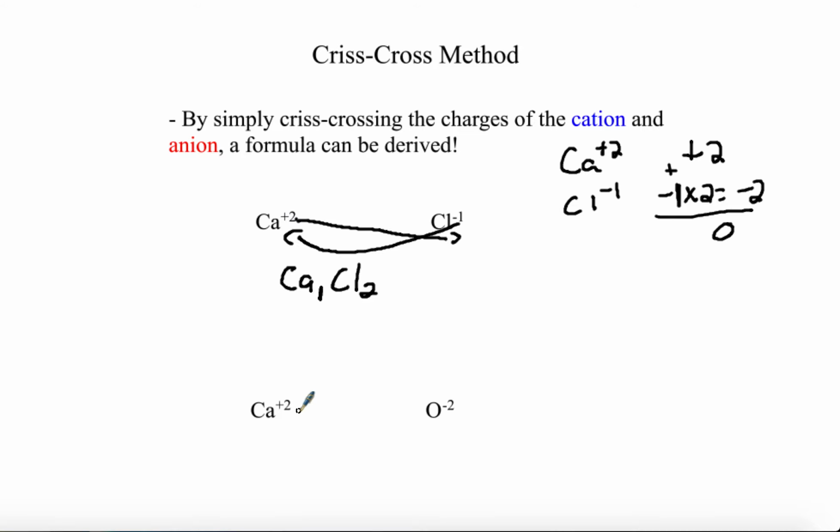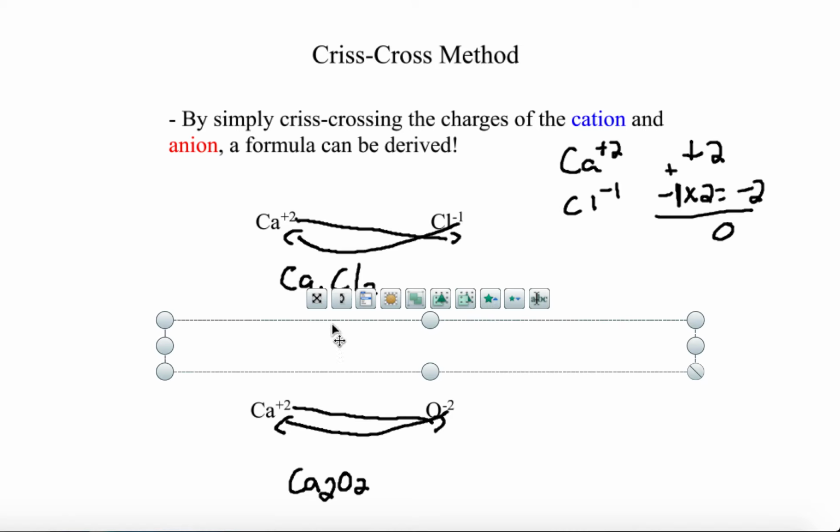If we take a look at the same thing here, calcium's +2 will go down. We don't bring the actual positive or negative, we only really bring the number here. So then you have Ca2O2. Okay. But one thing to keep in mind doing this method, we have to reduce these subscripts as much as possible.